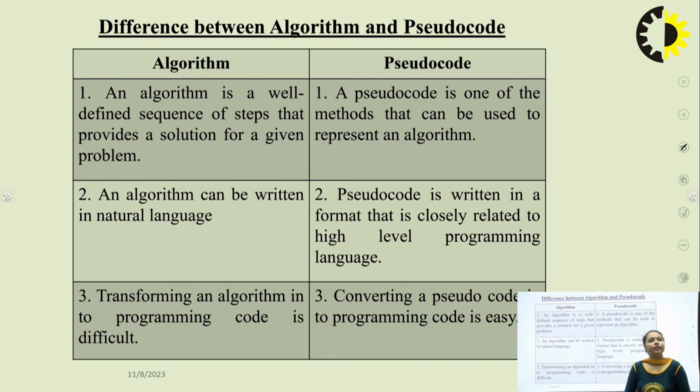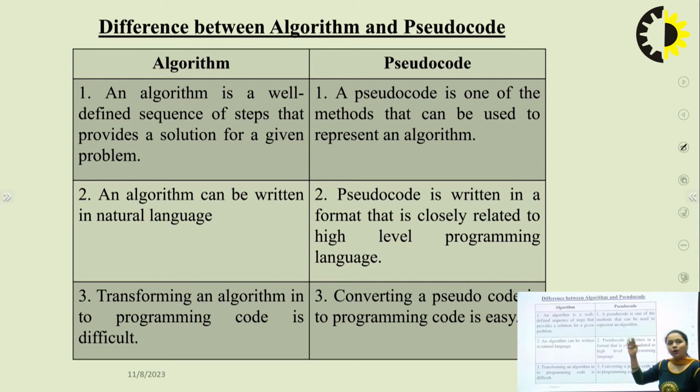Next, we have the difference between the algorithm and pseudocode. As earlier discussed, an algorithm is a sequence of steps of a solution, whereas pseudocode is one of the methods that can be used to represent an algorithm, not the problem, because whatever problem we have, the solution is provided within the algorithm only.